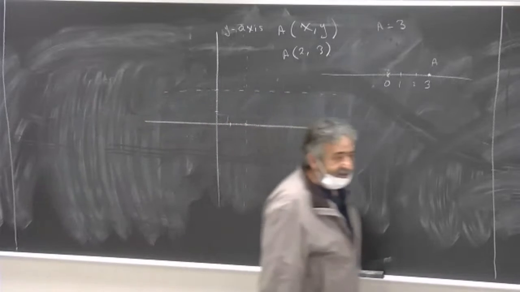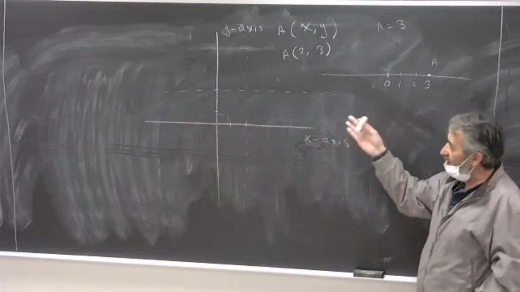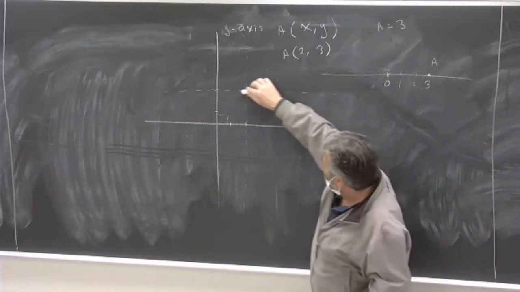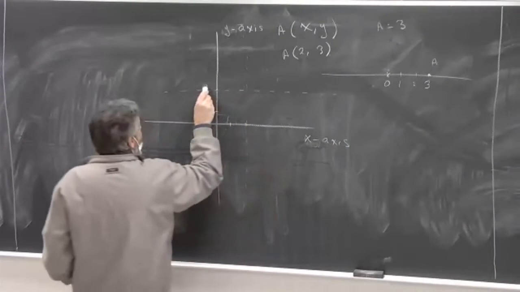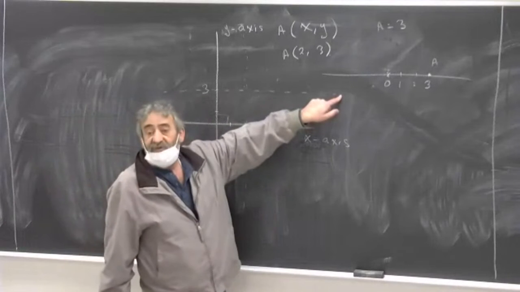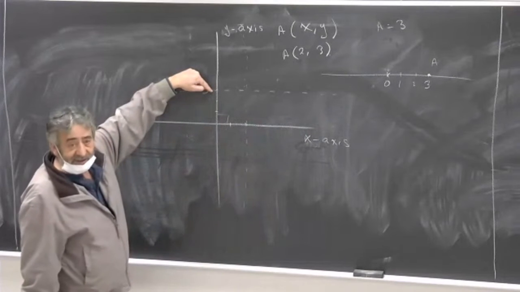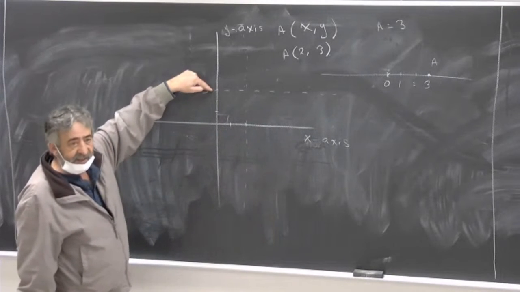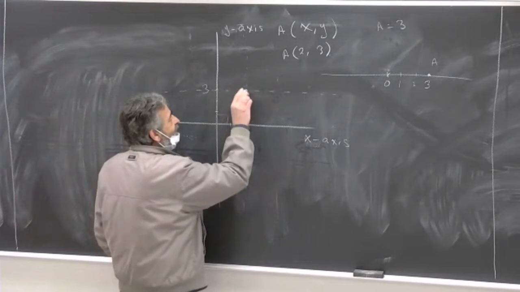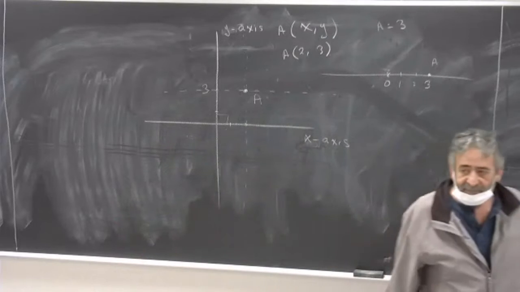If I were to look at the rectangular coordinate system from this side, I will just see A at 3 right here, because this line, you're only going to look at the tip of it. So you're going to see a point, and that point is going to look like it is at y equals 3. Wherever those two lines meet, that's the location of A.